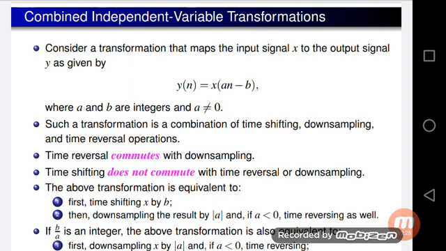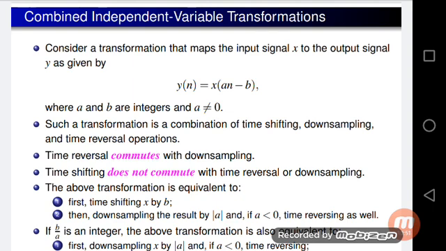Consider a transformation that maps the input signal x to the output signal y as given by y of n equal to x of an minus b, where a and b are integers and a not equal to 0.